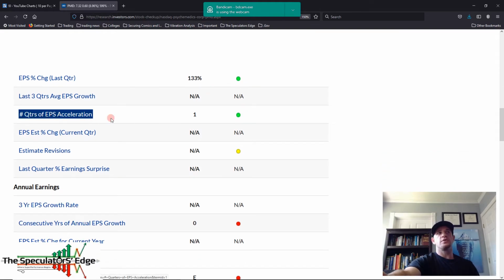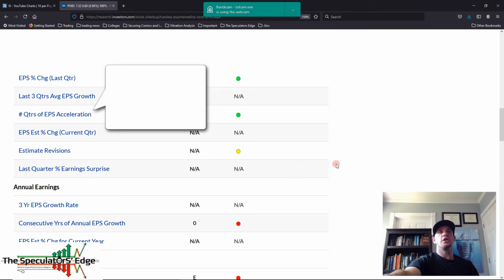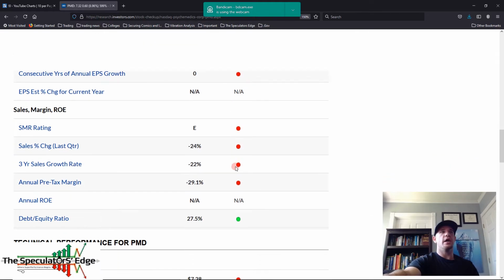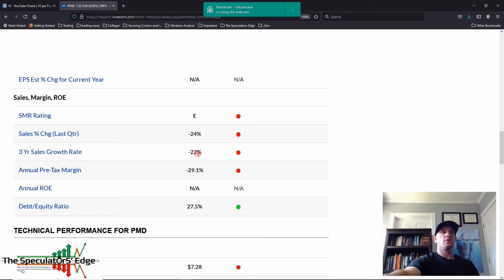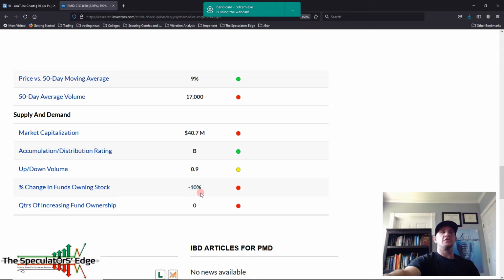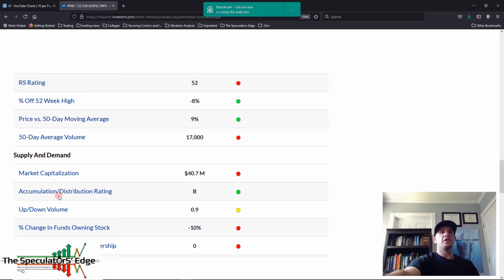Number of quarters of earnings per share acceleration was 1, and then the sales, not so great. There hasn't been any percent change in funds owning the stock, but the accumulation distribution rating is a B, which is good. So there is more buying than selling. Okay, so more demand within the stock.